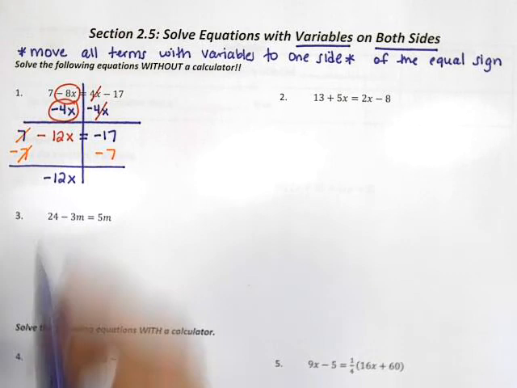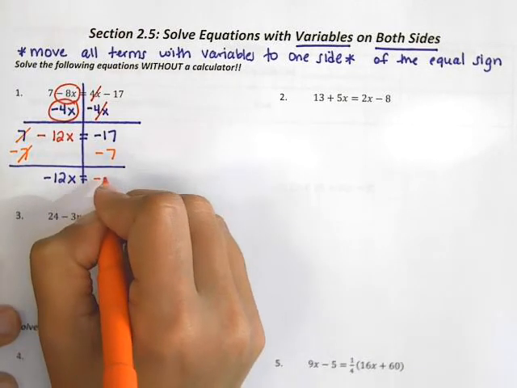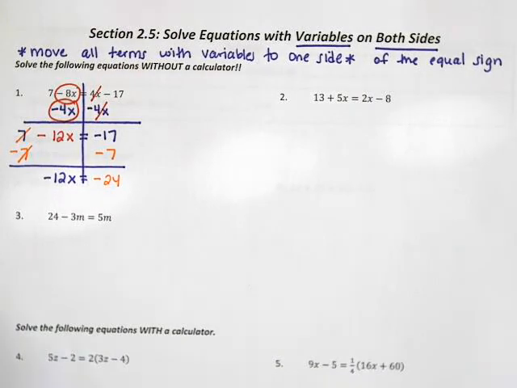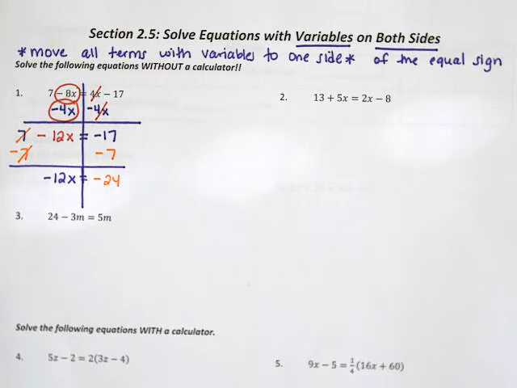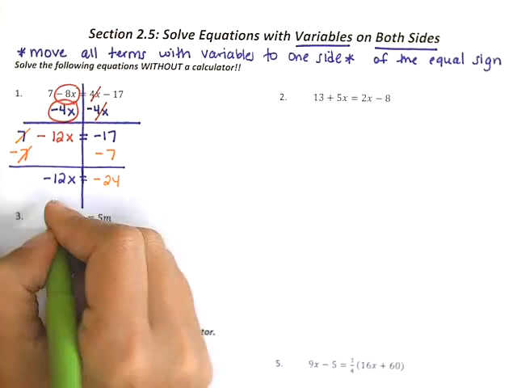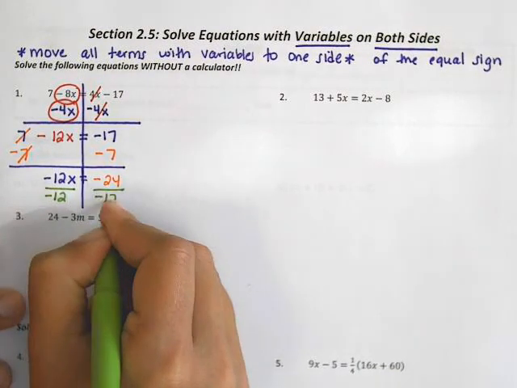On the right-hand side, negative 17 minus 7 would be negative 24. Now the last thing I need to do to get the x by itself is divide by negative 12. And I'm going to divide by negative 12 on both sides of this equation.